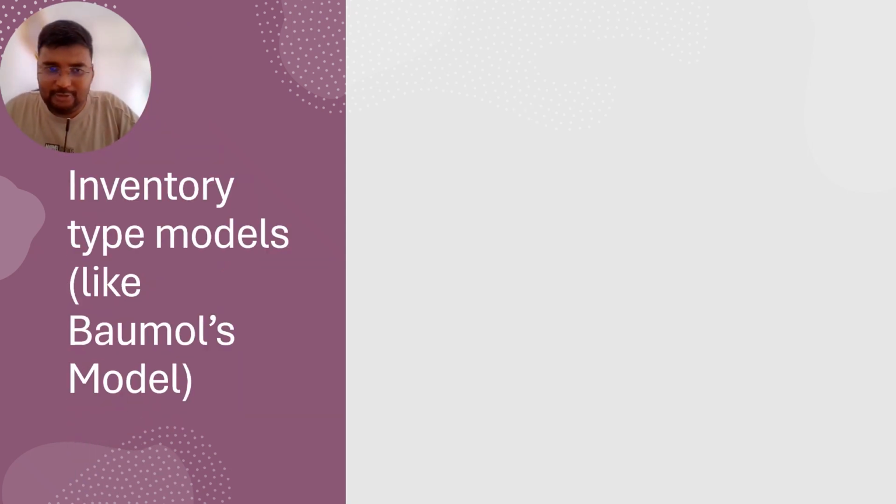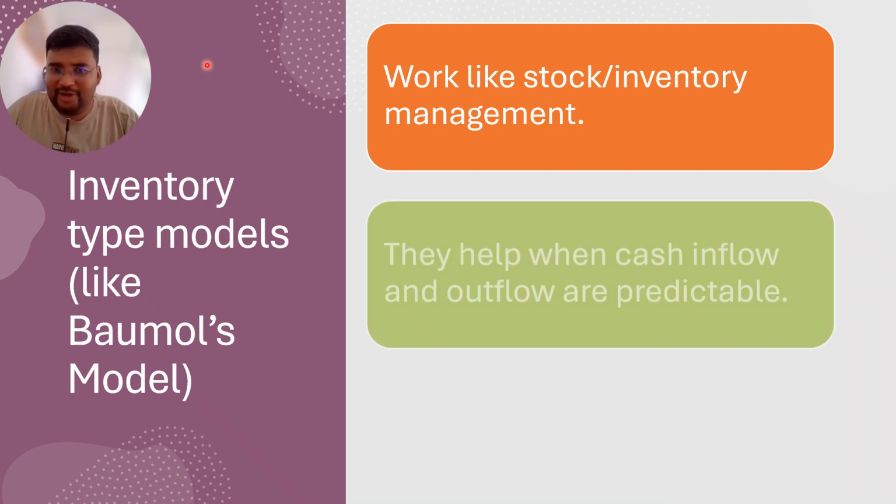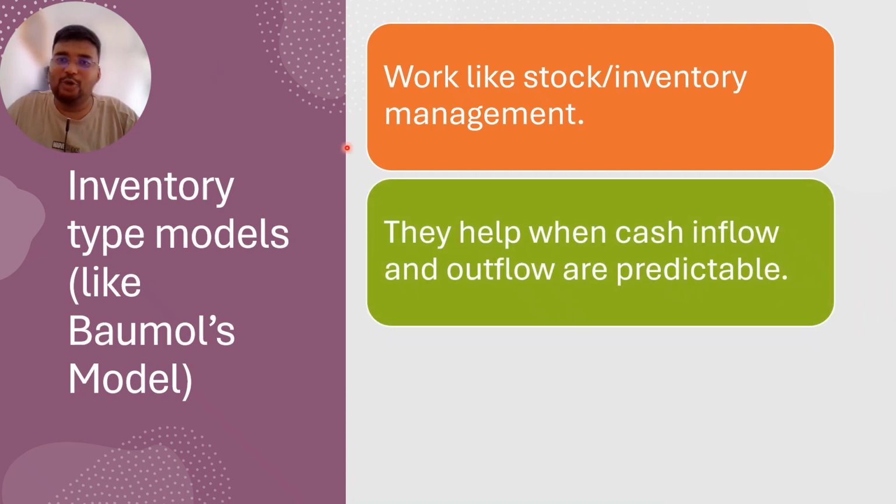Moving ahead, let us talk about the inventory type model, or the Baumol model, and understand that these models work very much like economic order quantity, like inventory management. Just like a business decides how much stock, how many goods to keep so that we are neither overstocked nor understocked, the finance manager similarly decides how much cash should be there so that we are neither overbalanced nor underbalanced. We can decide this only if we are able to predict the cash inflow and cash outflow.